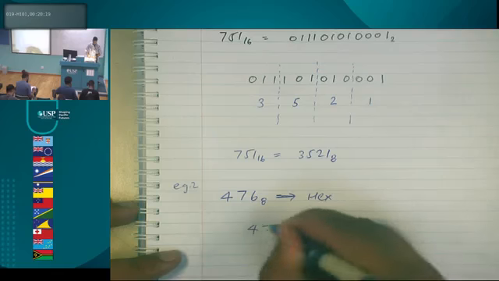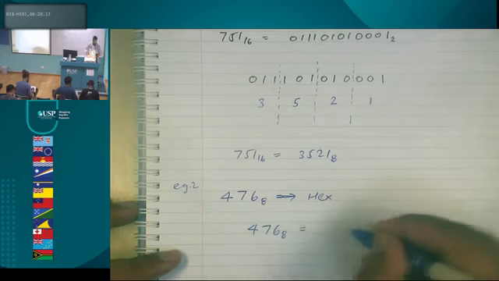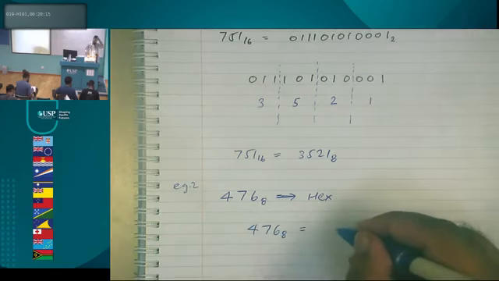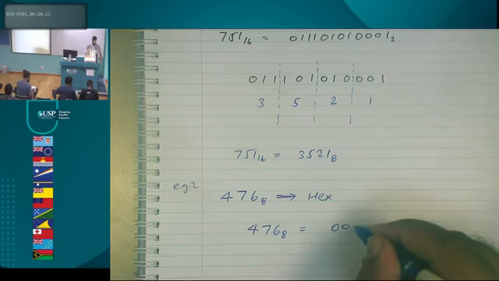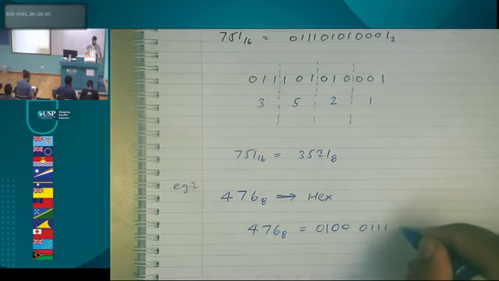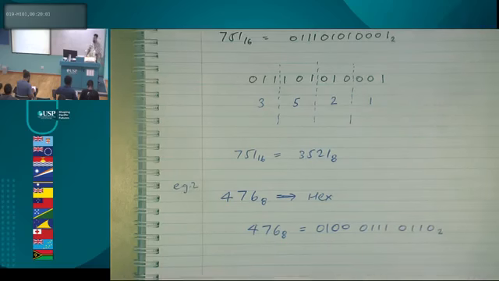For 476 base 8, what is it in binary? Base 2, is that correct? No?